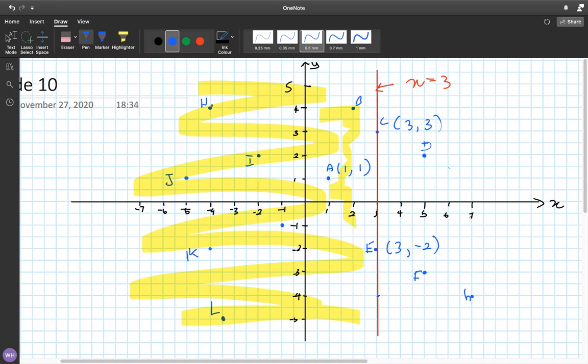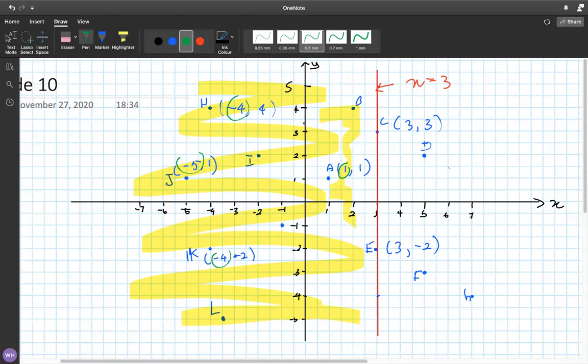The point H will be -4 comma 4. The point J will be -5 comma 1. And the point K will be -4 comma -2. So if you look at the x coordinates, here it is 1, here -4, here -5, here -4.